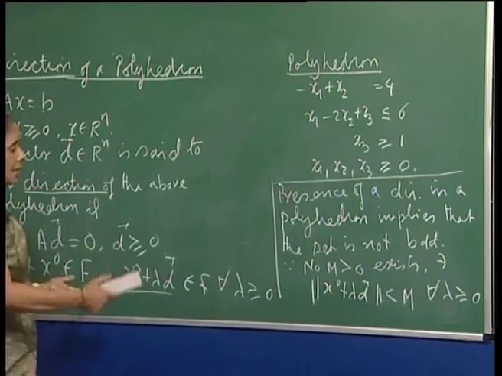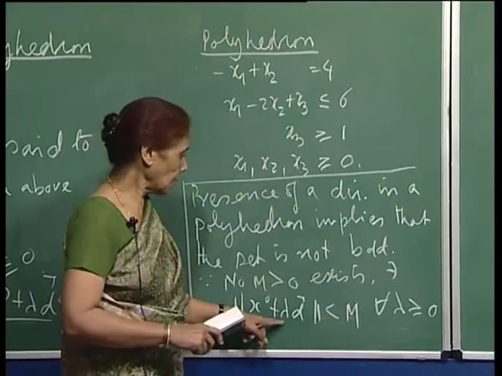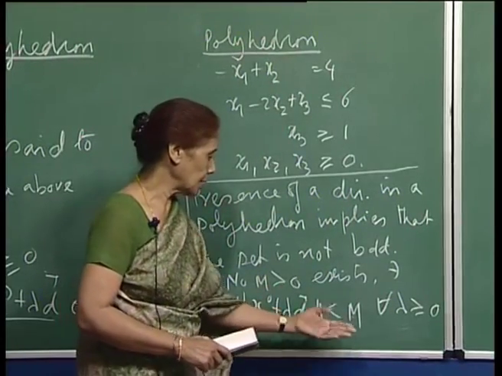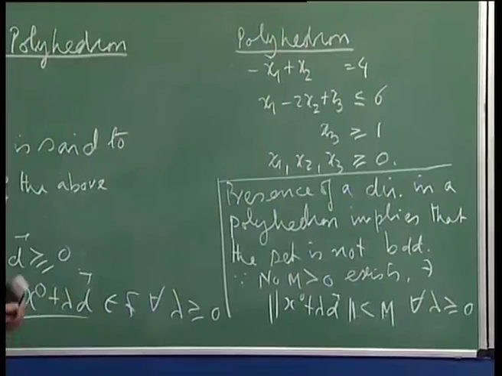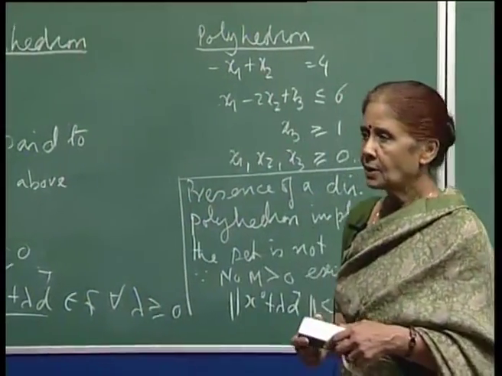You give me an m, I will choose a value of lambda higher than what it is right now, and then violate this inequality. So, the set is not bounded. The presence of directions implies that your feasible region or your polyhedron is not bounded.